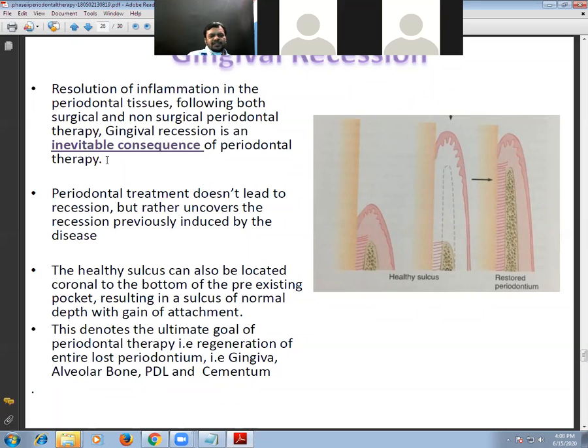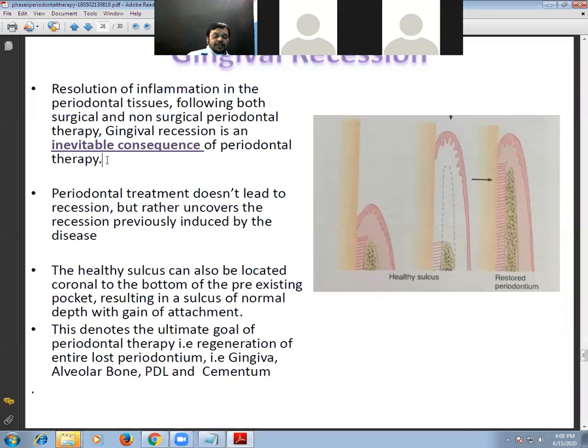So the prognosis or more chances of regeneration are in three wall defects, because your natural three walls are present. We are placing bone grafts and over this bone graft, we are placing membranes. So we have to reflect both the flaps and we have to perform regenerative therapy.